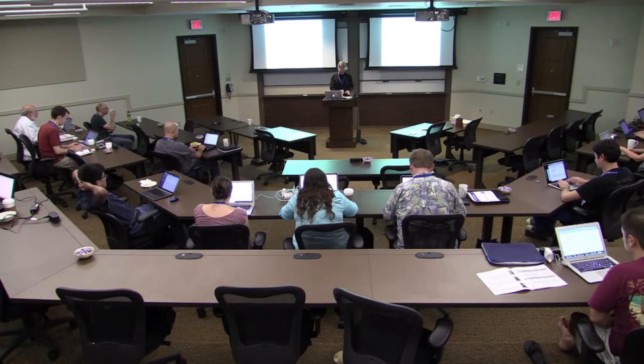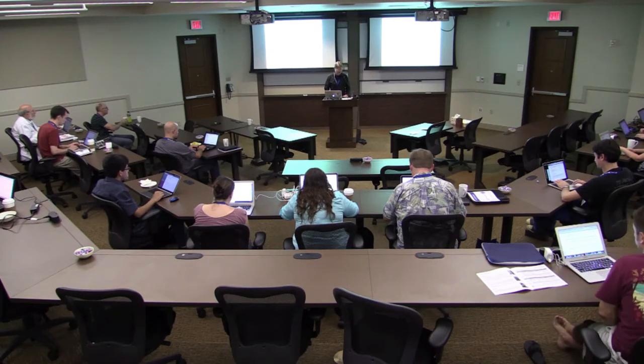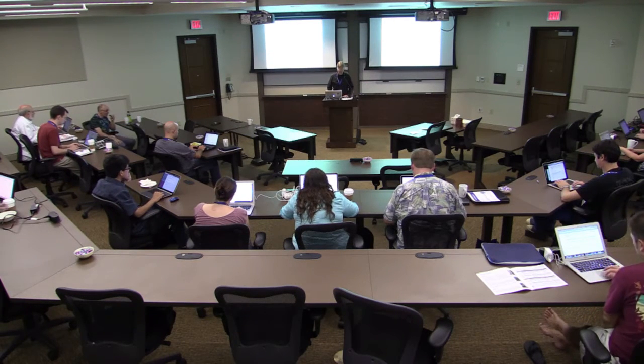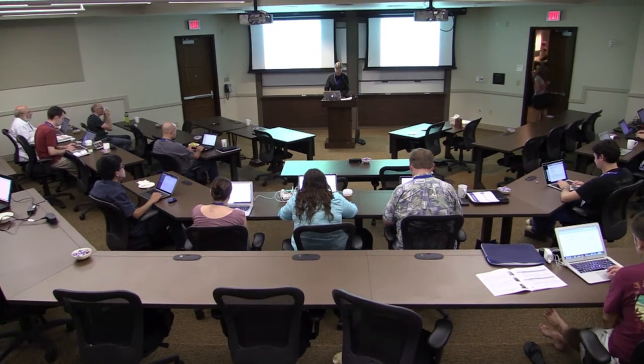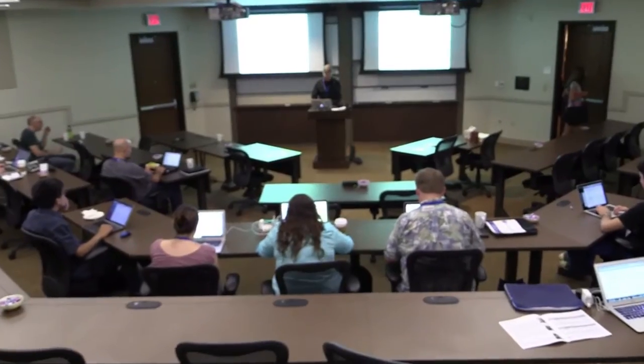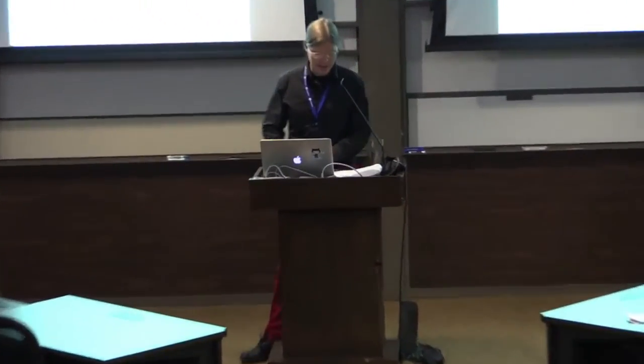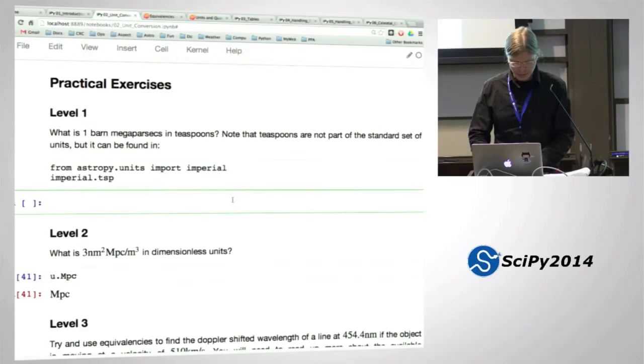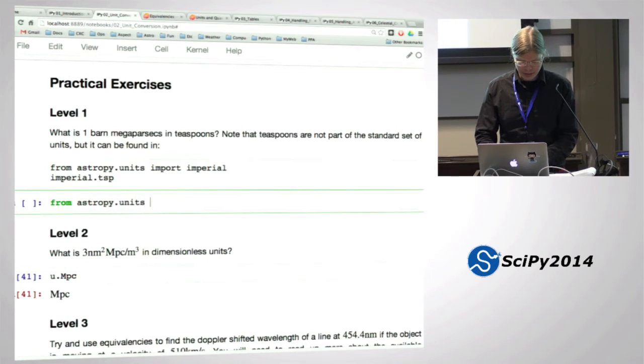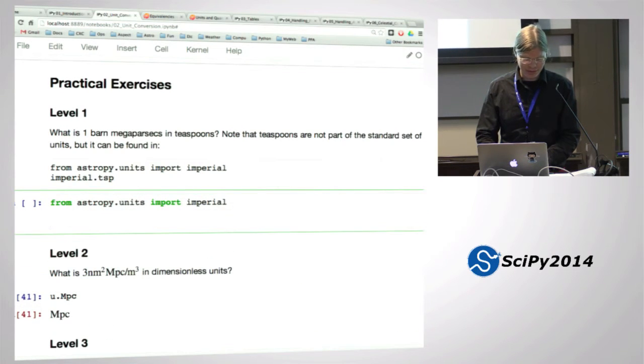So it seems like most people have at least gotten through the first two exercises and are at least a chunk of the way into the third one. So in the interest of time, I'm going to go through these solutions really quick. I think a lot of people seem to get this just fine. So from astropy.units, import imperial. This is a module that has all the imperial units defined in it.